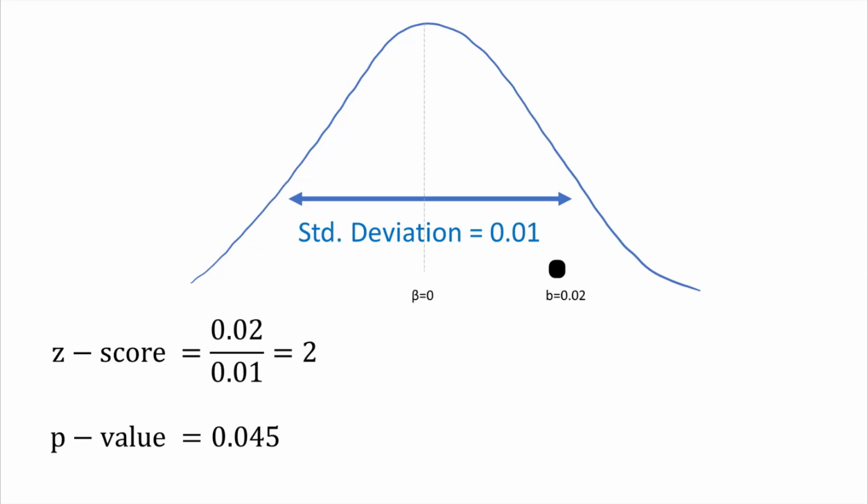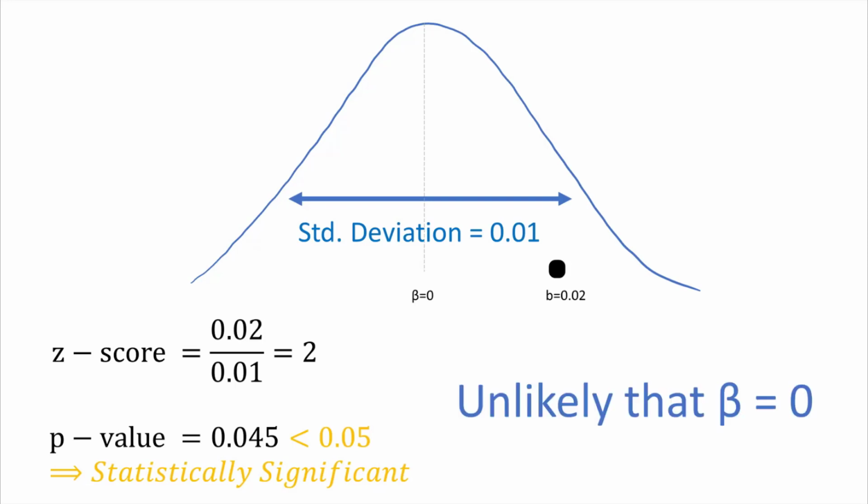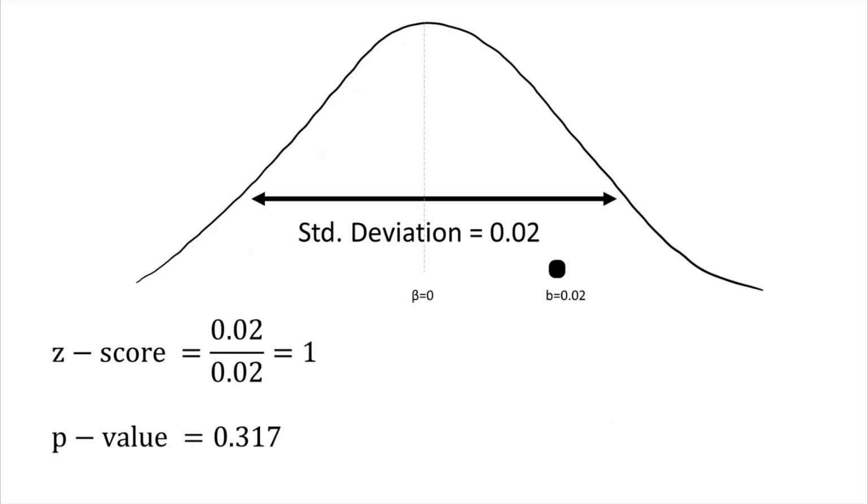Well, the p-value tells us the probability of selecting a z-score of 2 or more, and the p-value in this case is 0.045, meaning there is less than a 5% chance that we will randomly return a result of b equals 0.02 if beta is actually 0. So, because the most common p-value cutoff is 0.05, we have enough evidence to conclude that, again, beta is non-zero. That is, there is a relation between protected class and price.